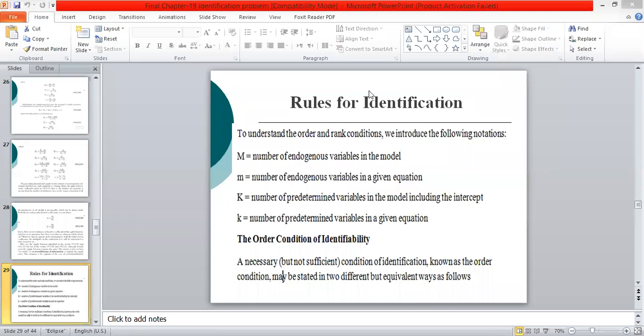Order conditions. What are the order conditions? The order condition is a necessary but not a sufficient condition of identification.